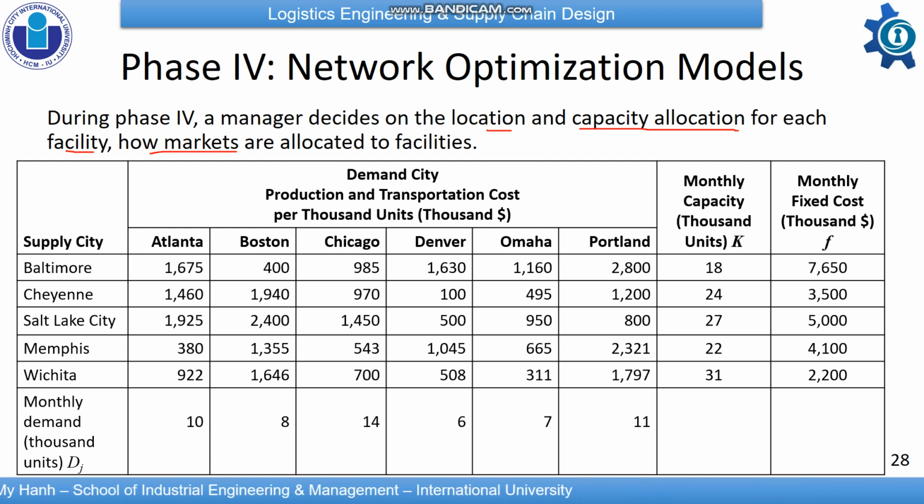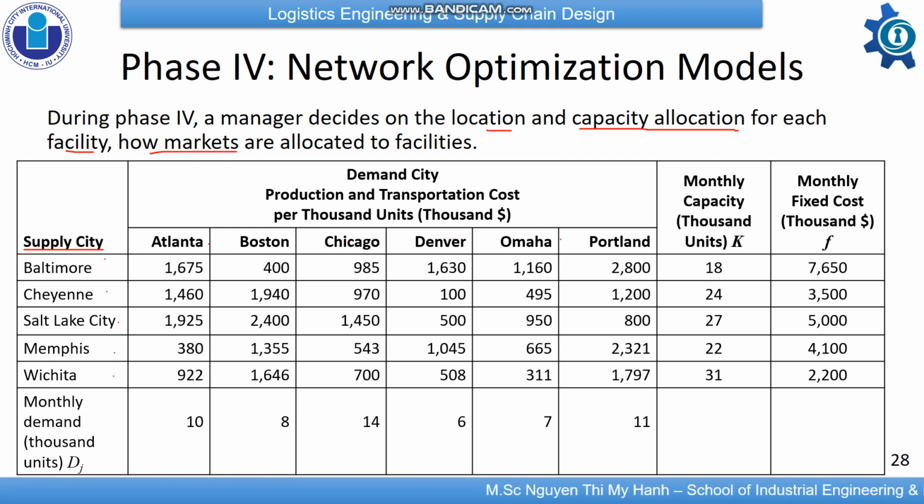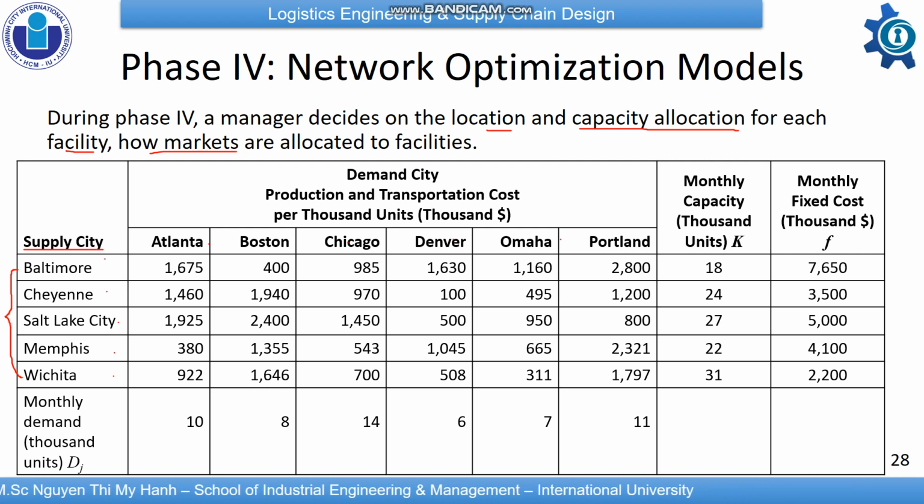So let me give you this example. We have 5 supply cities and 6 demand cities. And these 5 supply cities are from 2 companies.